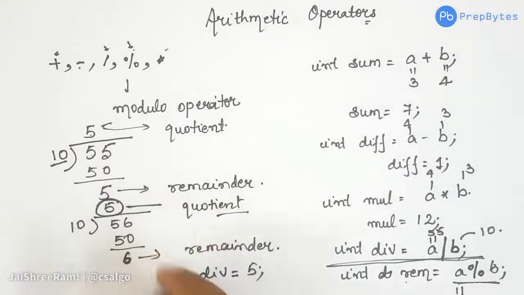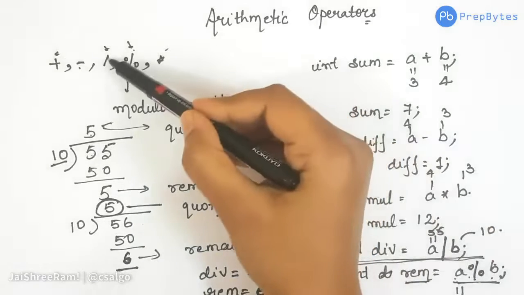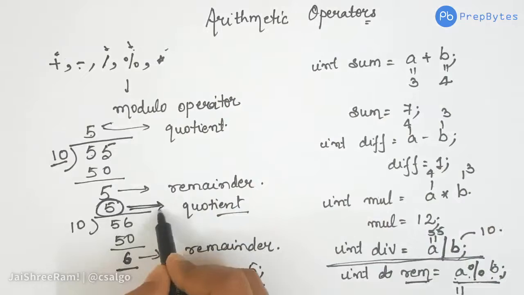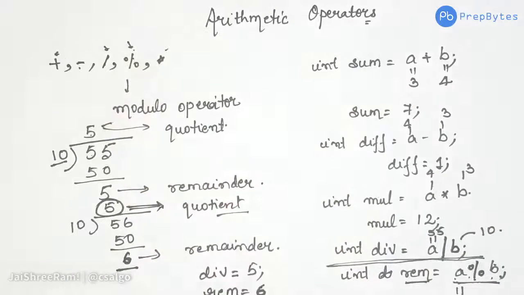The moment you get a remainder which cannot be further divided in an integer form, that will be your remainder. Stop there. And this remainder is what you get as the result of a modulo b. So if you do a modulo b and put the value in rem, you get the value of rem as 6. Division gives me this particular value and modulo gives me the remainder.